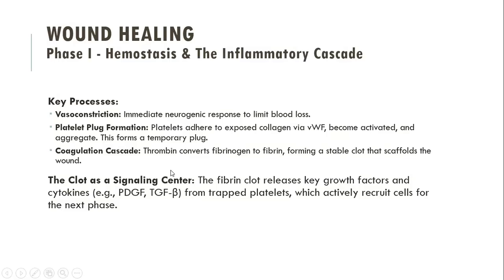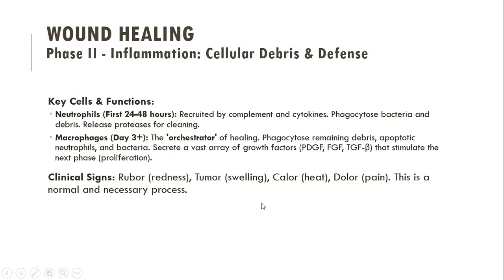The coagulation cascade is then initiated, where thrombin converts fibrinogen to fibrin that forms a stable clot that scaffolds the wound. That clot acts as a signaling center. The fibrin clot releases key growth factors and cytokines like PDGF and TGF beta from trapped platelets, which actively recruit cells for the next stage.